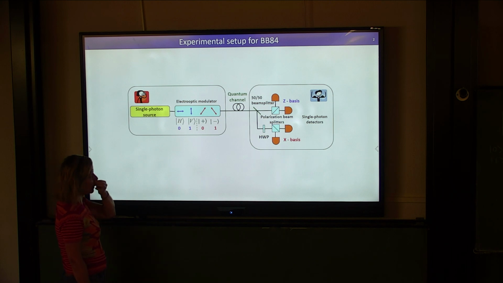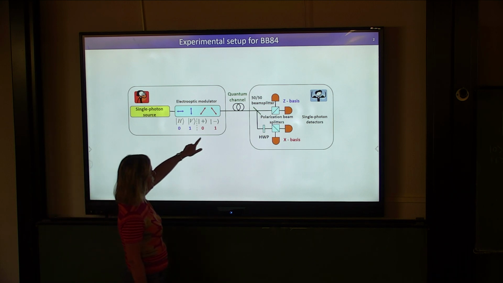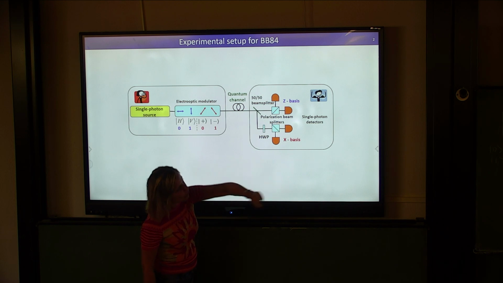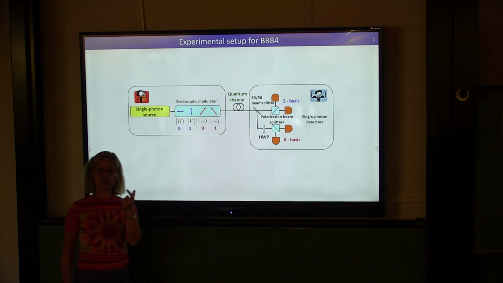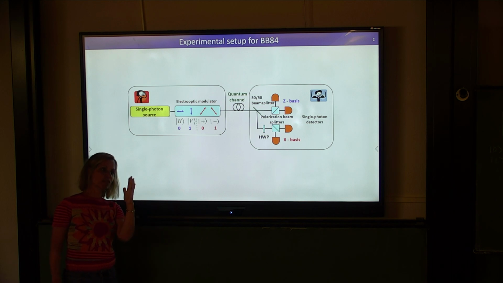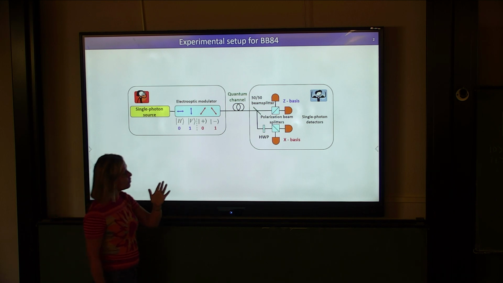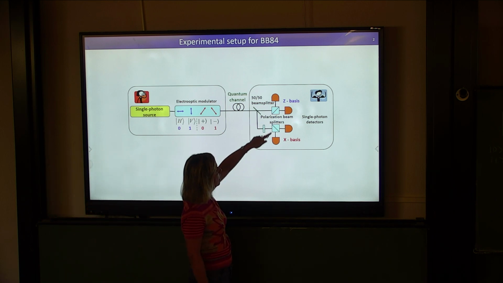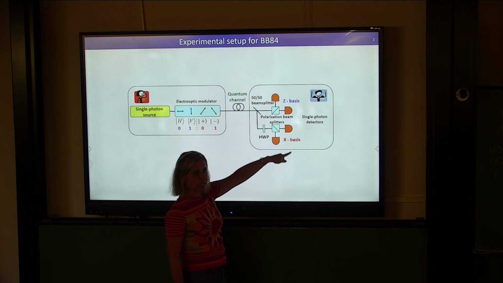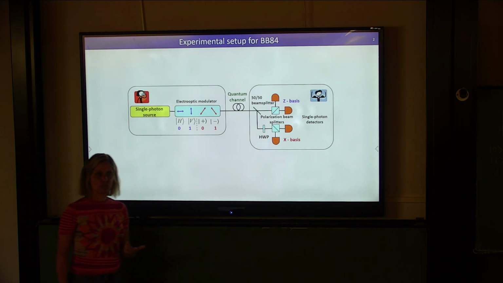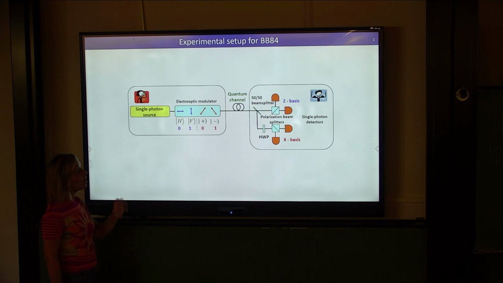And then if you want to do it for the X basis, the plus or minus basis, you know now what this is. You need to turn your signal by a half-wave plate, okay? You move your polarization, and then you project it in the same way with a polarization beam splitter and two single photon detectors. This is essentially an experimental measurement on the X basis, the plus or minus basis.